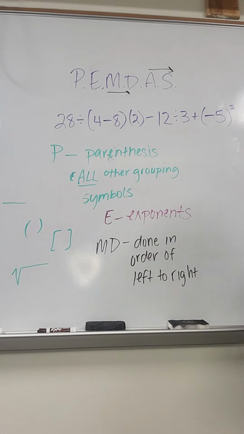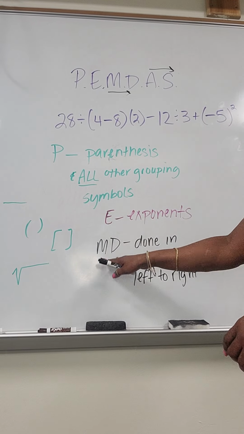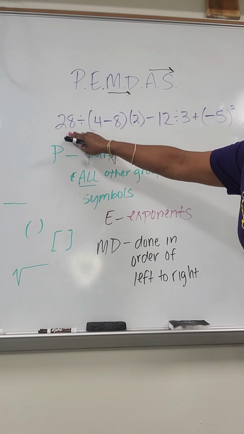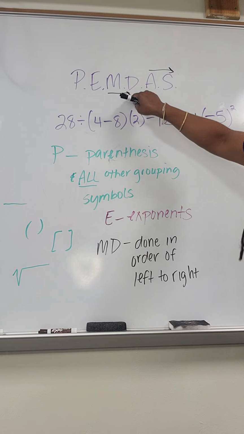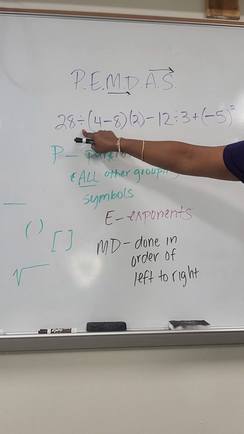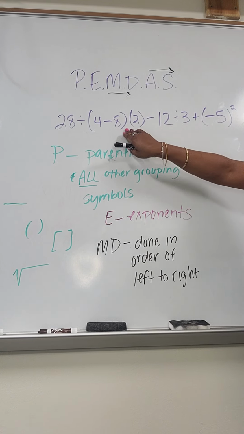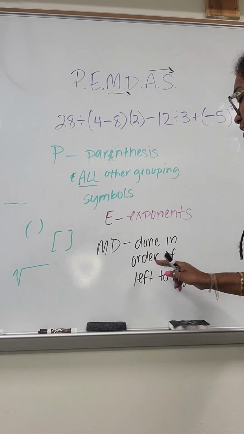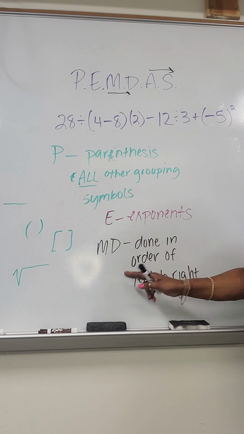No. We do multiplication or division, whichever one comes first. So as we look through here, when we get ready to get to the M-D part of it, we recognize this comes first. So we will do this before we evaluate this multiplication, okay? So done in order left to right, multiplication and division.